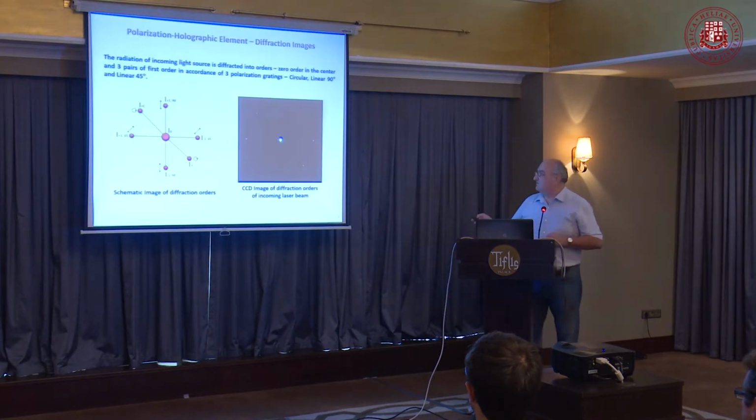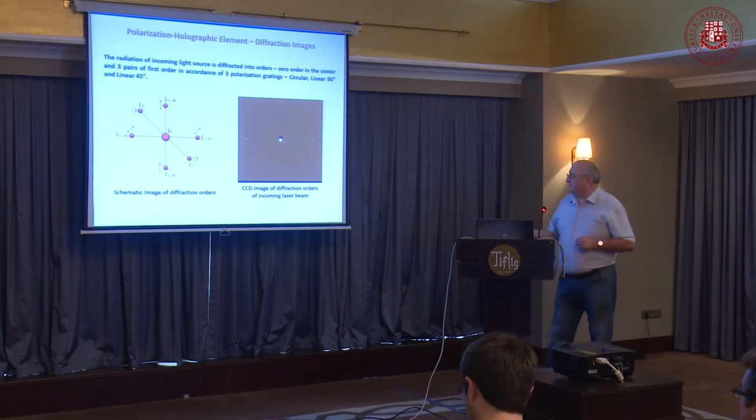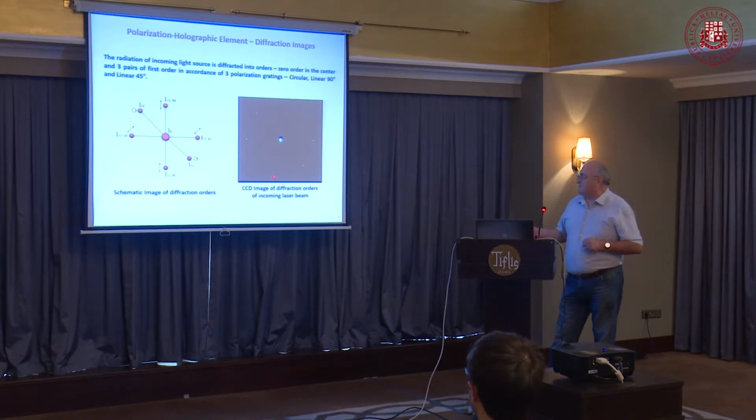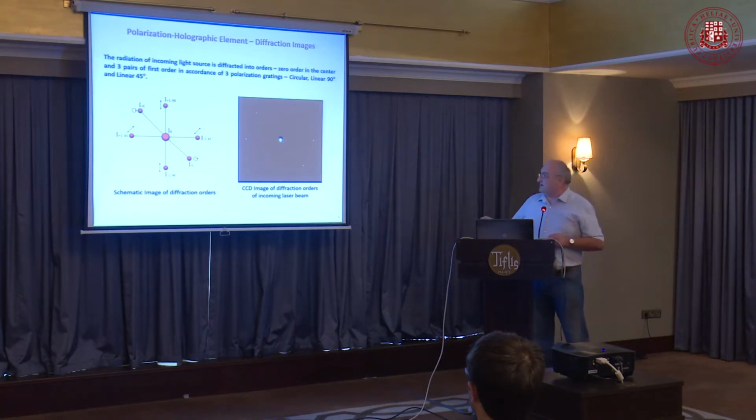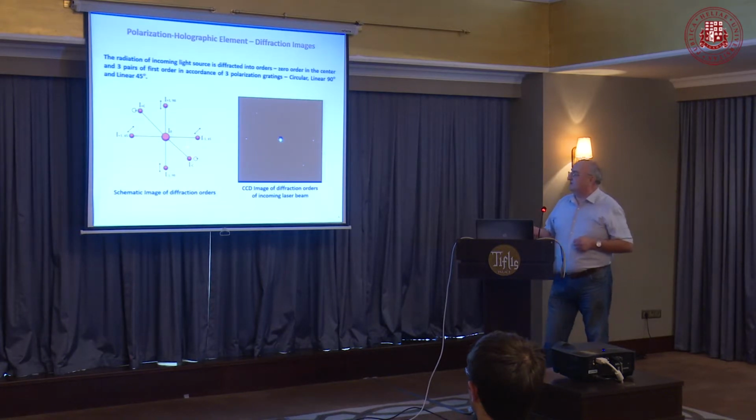So, what we get here, this slide is very interesting. This is a CCD image of diffraction orders when we used a laser beam in the laboratory tests. This is a schematic view of the outcome we get with these gratings.